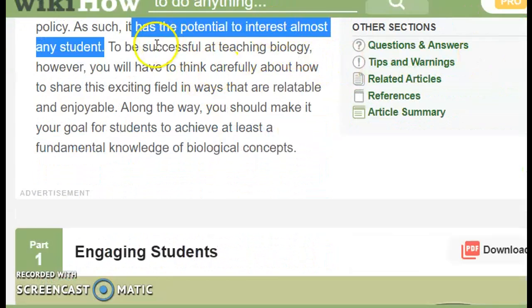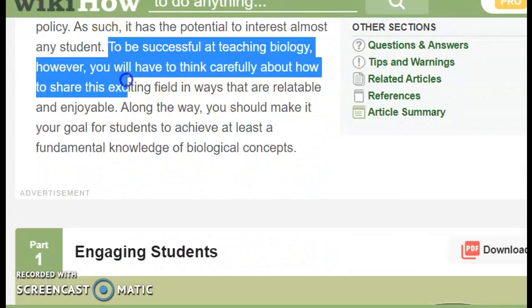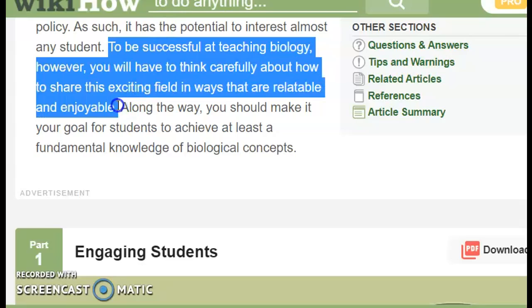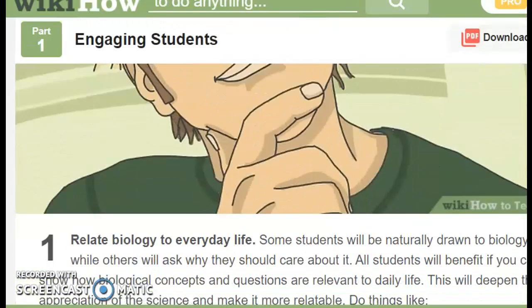To be successful at teaching biology, however, you will have to think carefully about ways to share this exciting field in ways that are relatable and enjoyable. It says along the way you should make it your goal for students to achieve at least a fundamental knowledge of biology concepts.